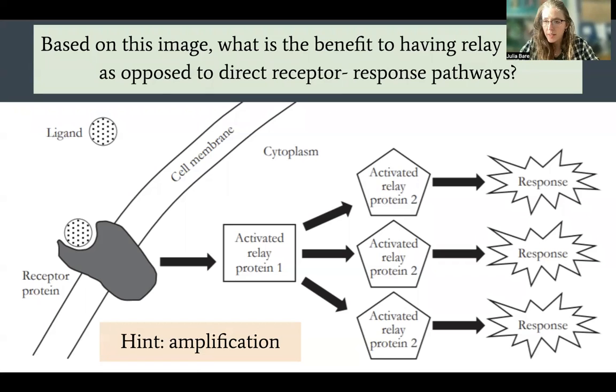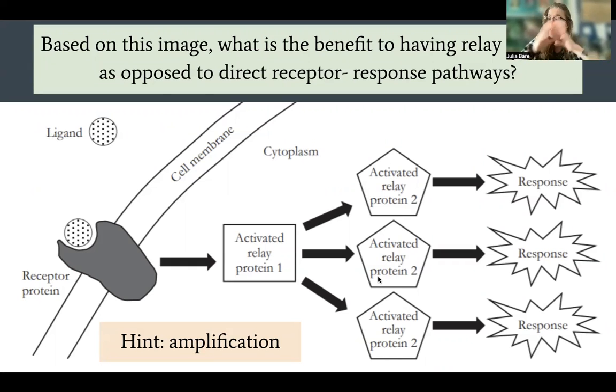Hopefully you saw my hint in this question. The hint here is amplification. So one of the benefits to having relay proteins is that you get amplification. So we can see in this example that protein 1, relay protein number 1, is going to influence and activate multiple pathways using protein number 2, relay protein number 2.